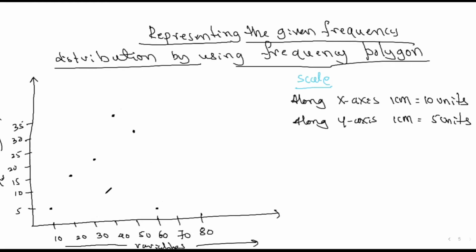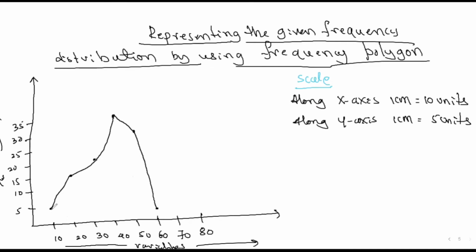Okay, then we join the points by straight lines only, right? Let us say it is a straight line. Okay, so this is nothing but our frequency polygon. What is the fourth step I told you? We need to extend the endpoints on the x-axis.